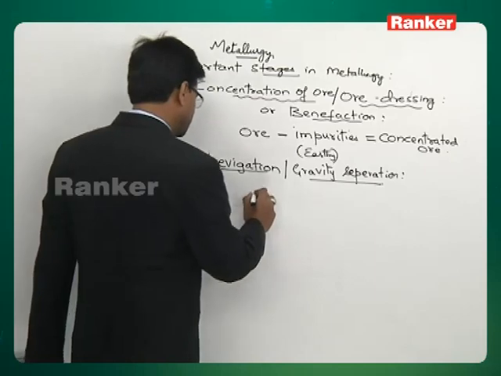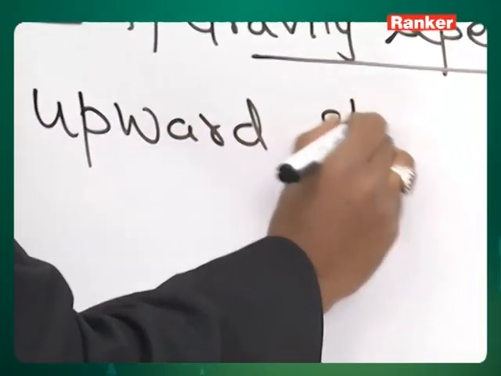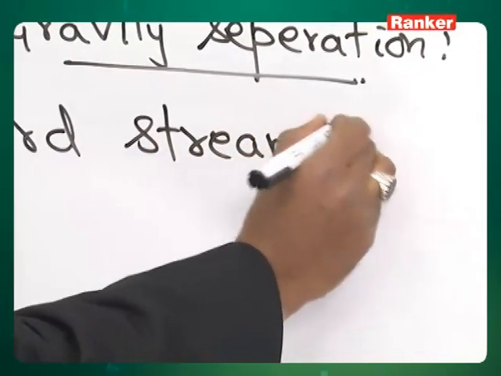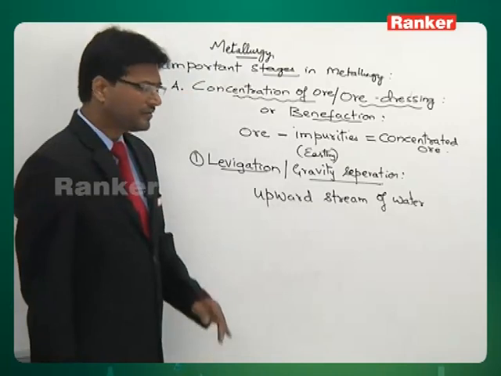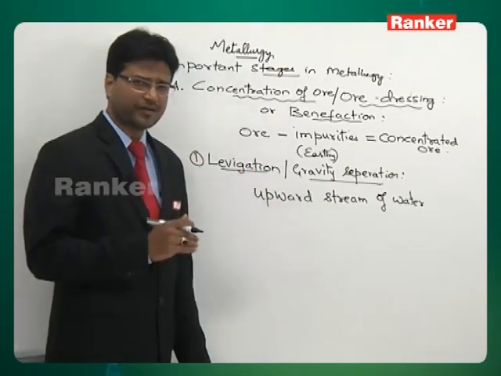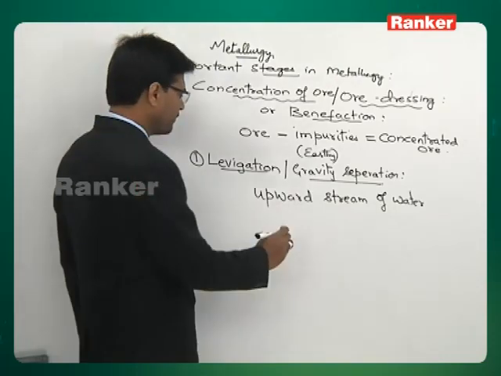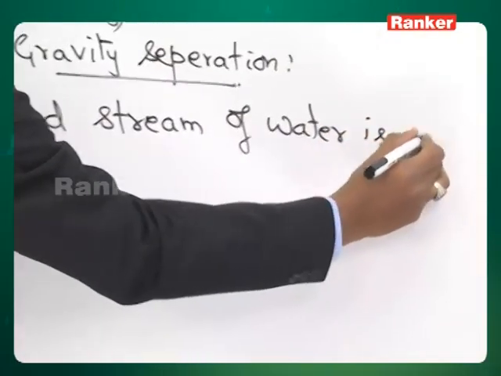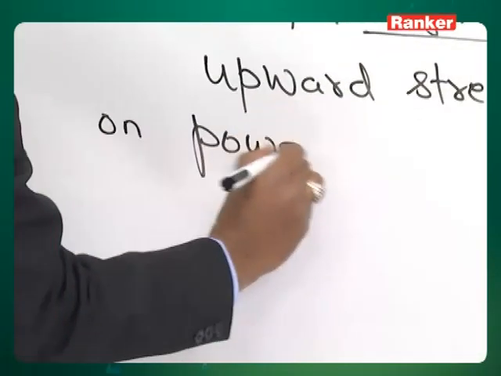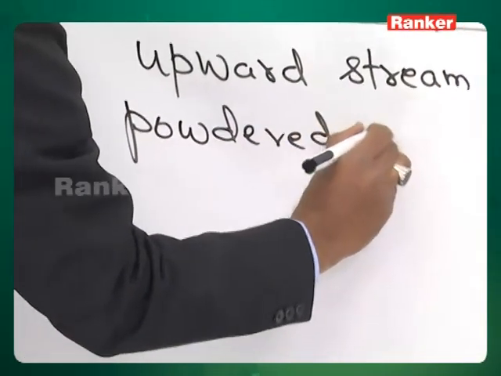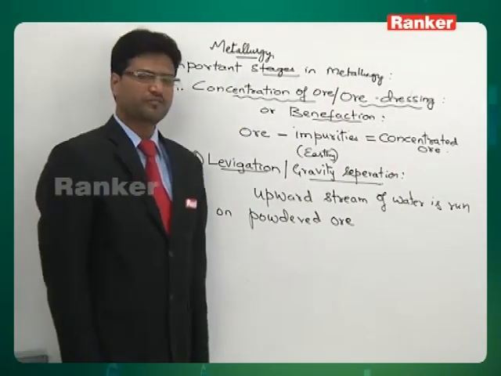We use upward stream of water. We run upward stream of water, and we use powdered ore. Ore has to be made into fine powder and we use upward stream of water.